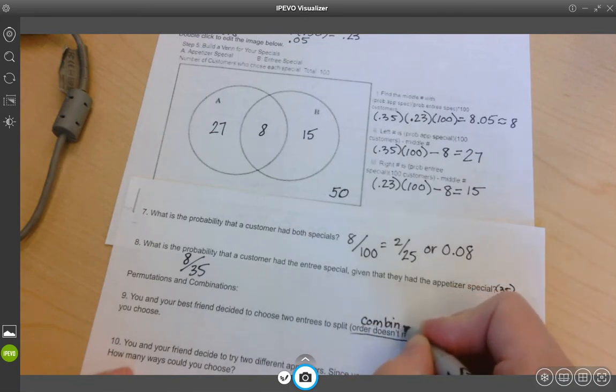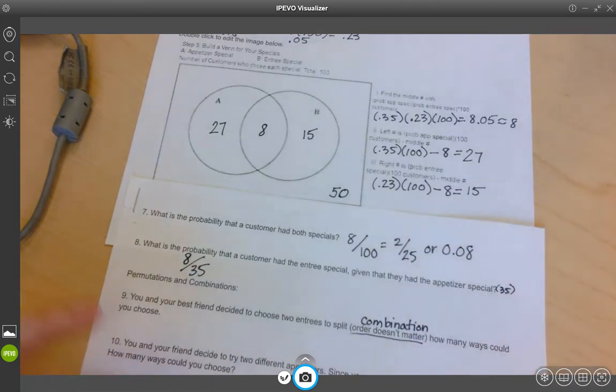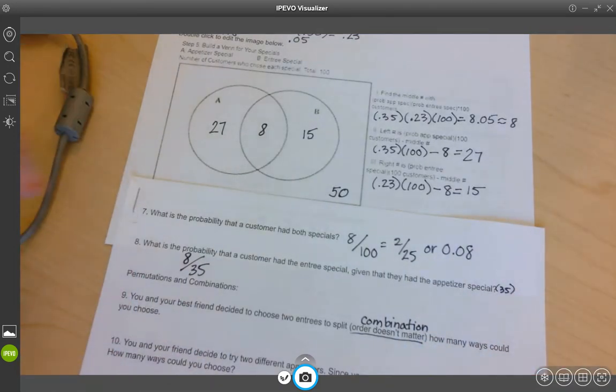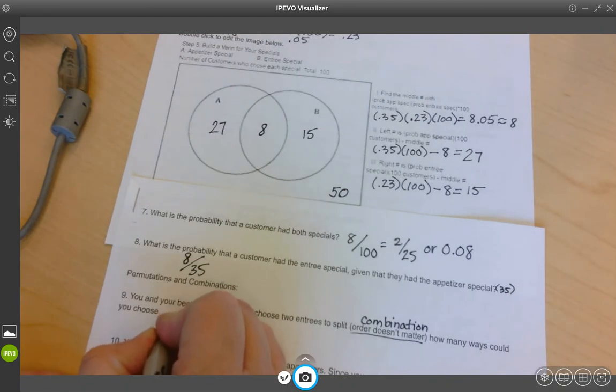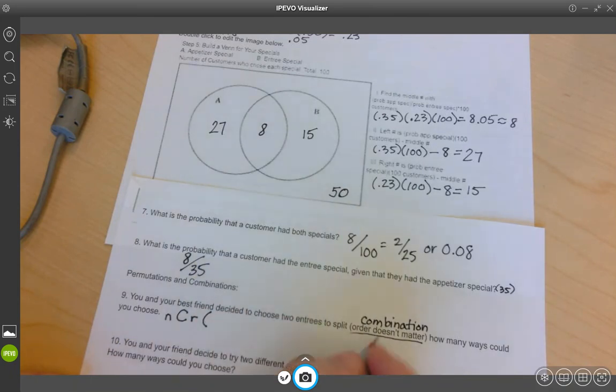Now, if you like doing combination with the fundamental counting principle or with a formula, you can pull out your notes from last class and do that. In the warm-up, most people were using the nCr. So you're going to type that, n, capital C, little r.